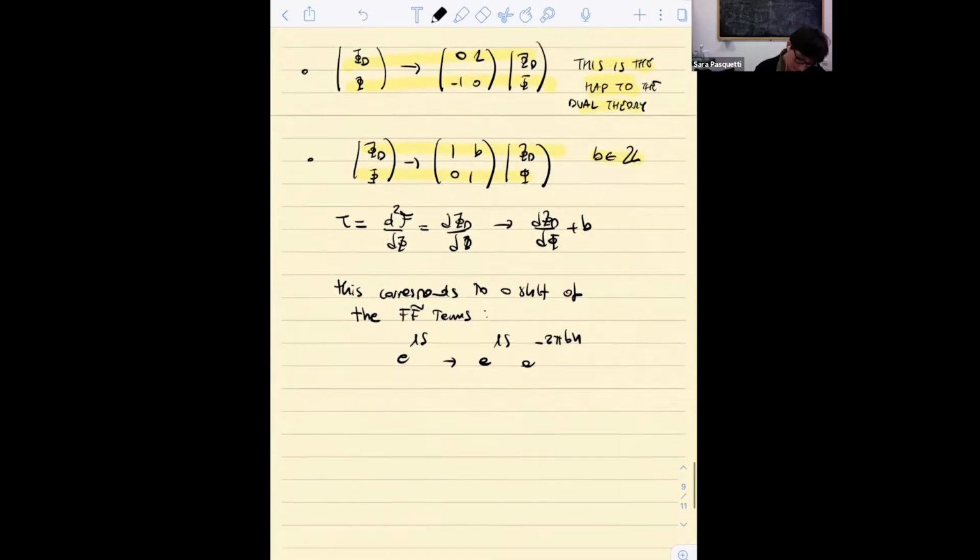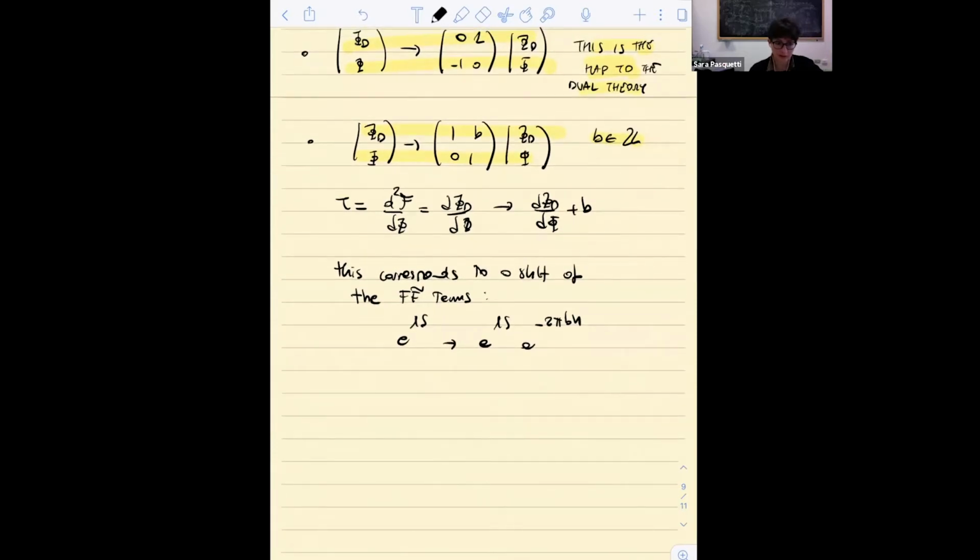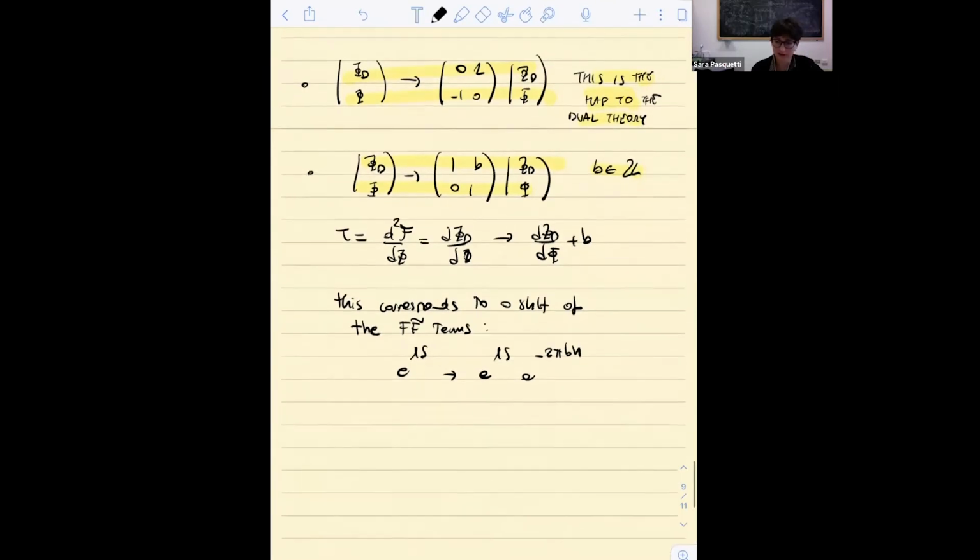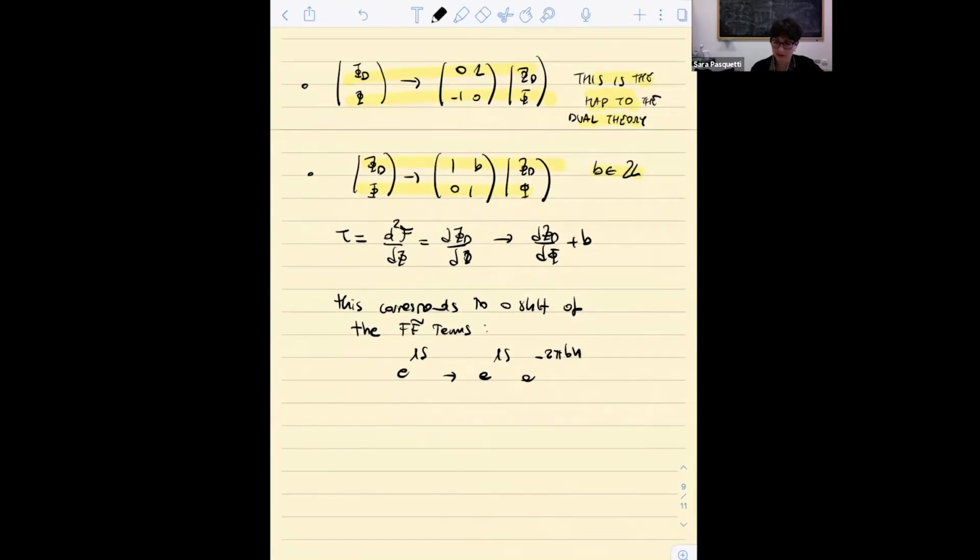And first, let me make another comment: if we look at these two matrices that generate these equivalent descriptions of the theories, we can say that these are matrices that generate the SL(2,Z) group.